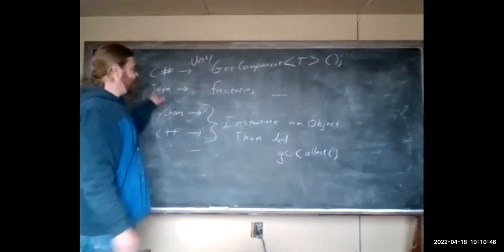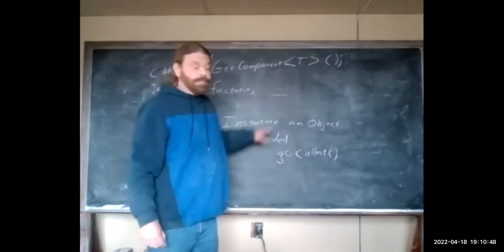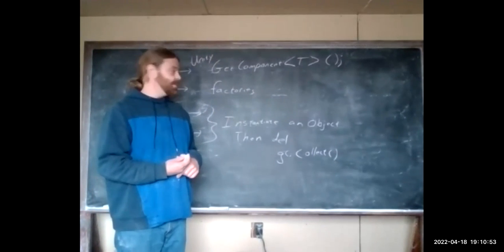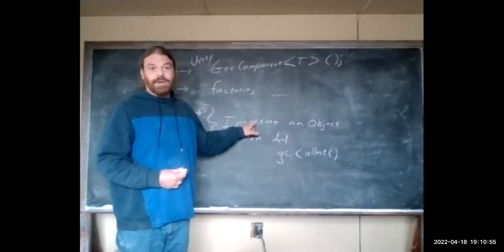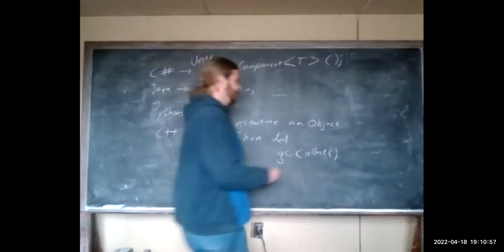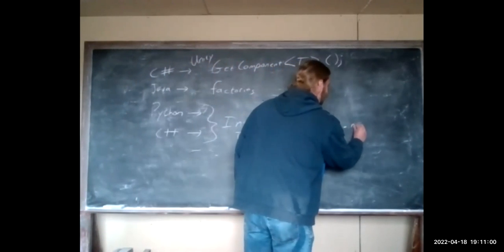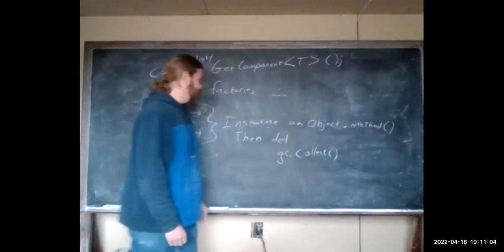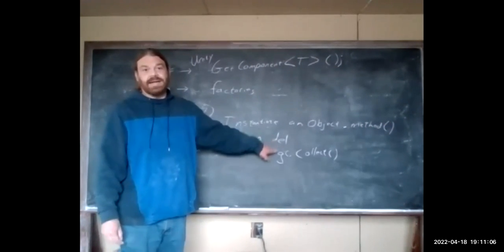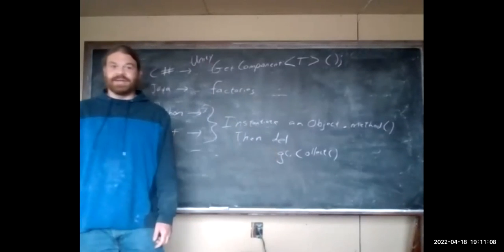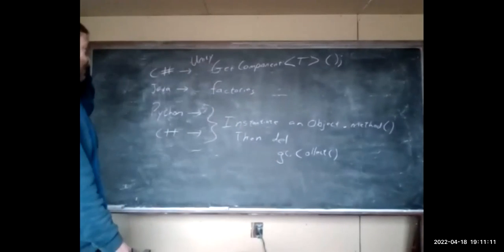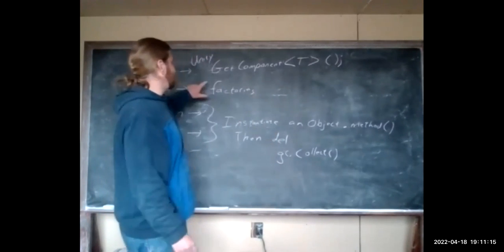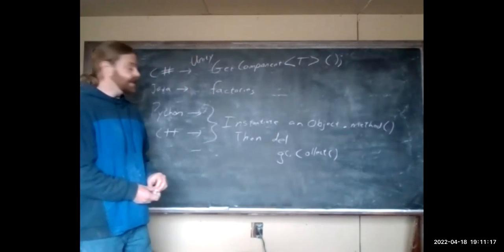So it's akin to doing this every time we want to call a method in Python. We make a new instance of that object, call the one method we want to call from it, run that, then we delete that object and immediately tell garbage collection we have something to get rid of. So as soon as we're done with it, we delete it and call garbage collection. That's what factories and the get component is essentially doing.